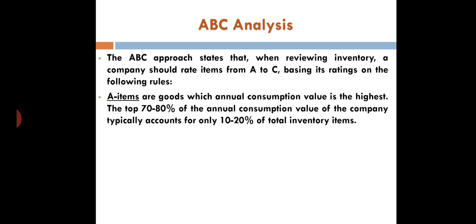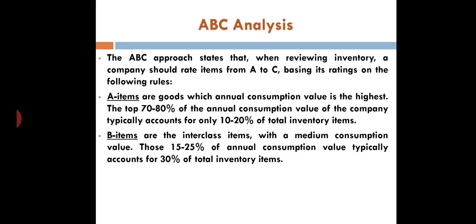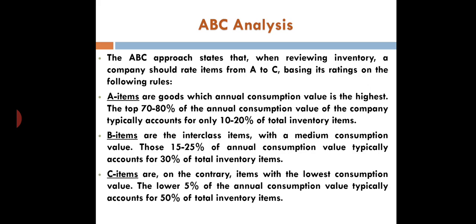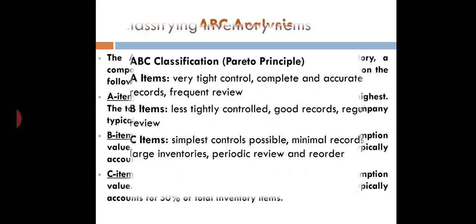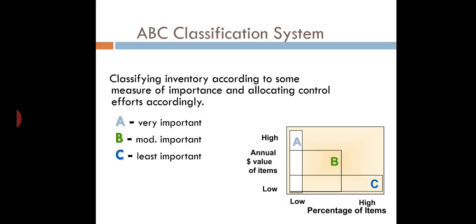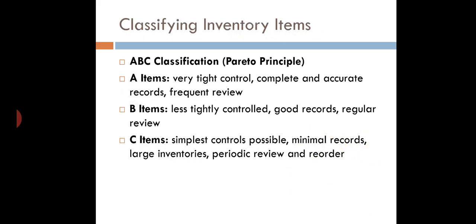ABC analysis is classifying the items based on their value and consumption. A items have the highest annual consumption value, and they will be only about 10 to 20% of your total inventory items. It can be better explained in a graph. For A items, you will have very tight control, complete and accurate records, and frequent review.